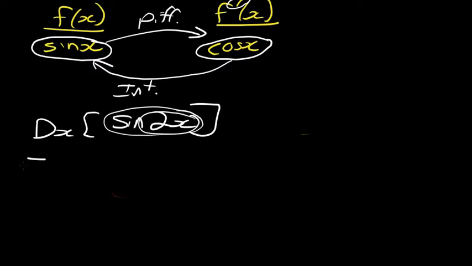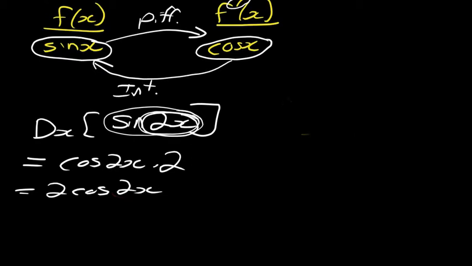If we differentiate, this will be cos 2x, because that's the big function, but then you multiply it with the differentiated function inside the sine, and 2x differentiated is 2. So your answer is 2 cos 2x.